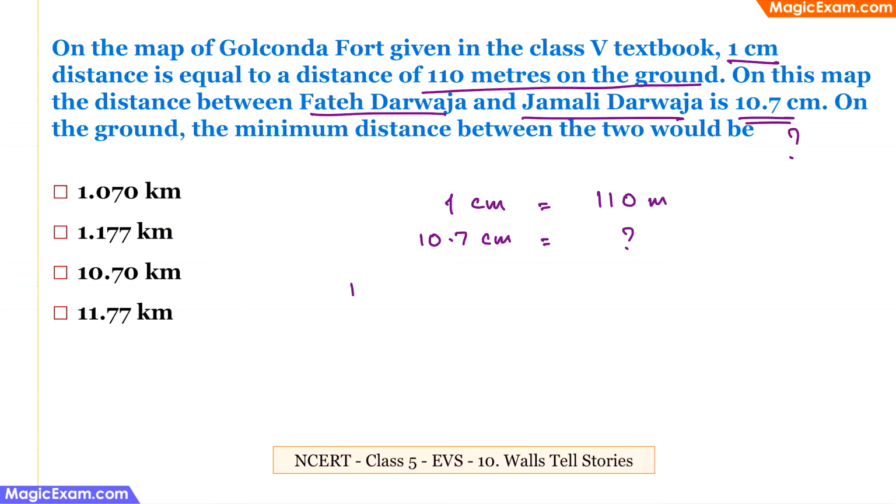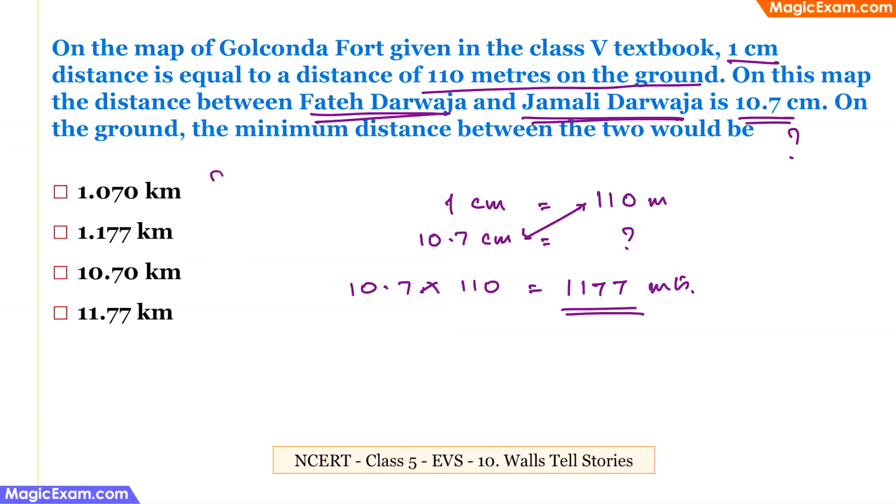Now, here just multiply 10.7 with 110. So, it is essentially a cross multiplication. Right? So, when you multiply 10.7 with 110, you will get 1177. Now, this is 1177 meters. So, the distance between Fateh Darwaja and Jamali Darwaja is actually 1177 meters on the ground.